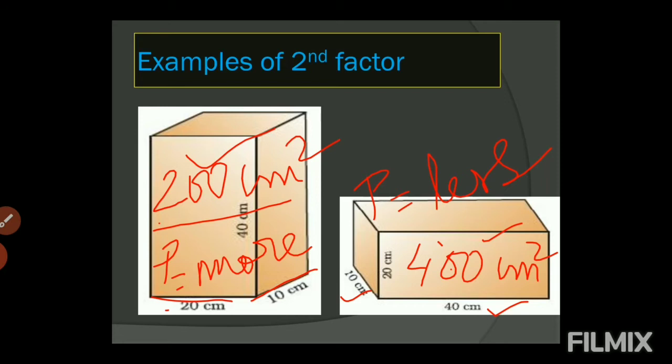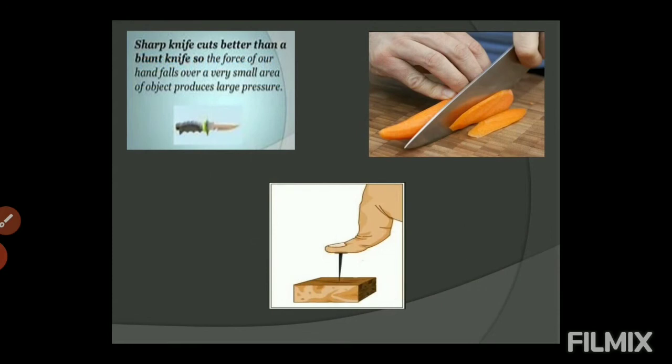So when the area is more, the pressure is less, and when the area is less, the pressure applied is more. These were the two factors on which the pressure depends. One is the thrust, another is the surface area of contact. So these are the factors affecting the pressure in a solid.